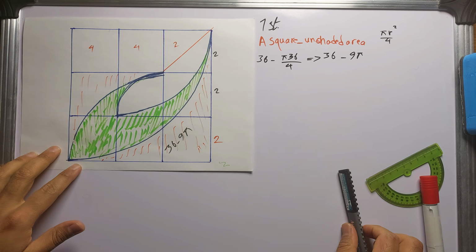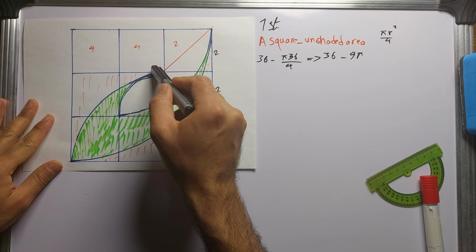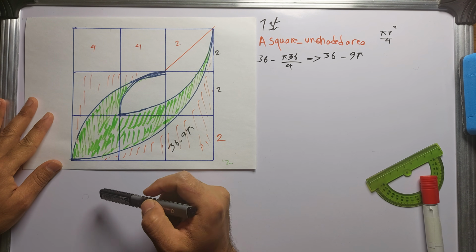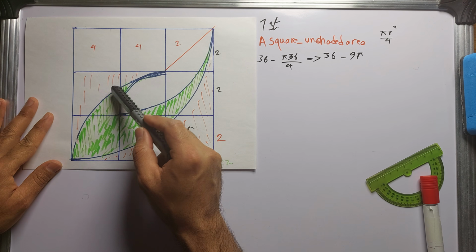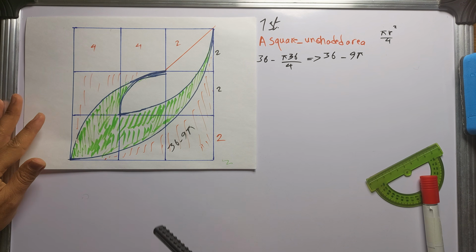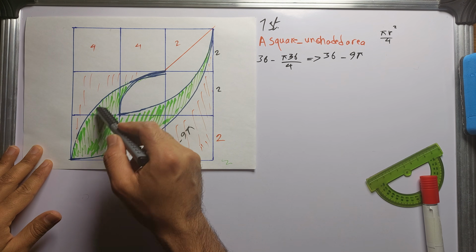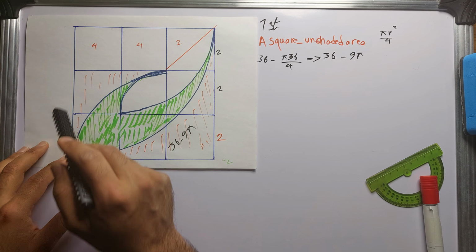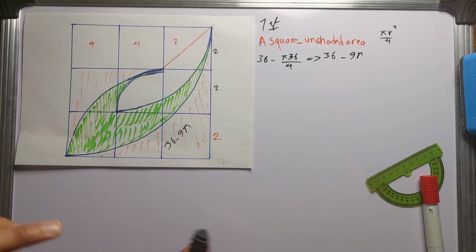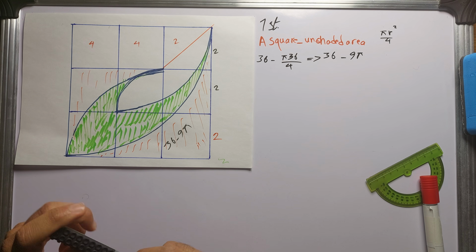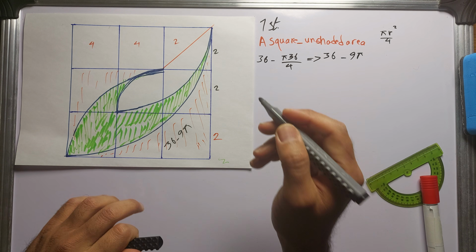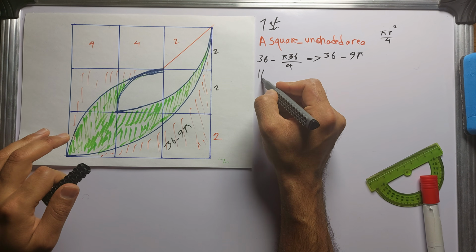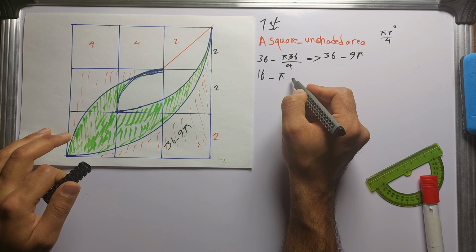This area equals the area of this square, which is a 4 by 4 square, minus the area of this quarter circle. If we subtract the area of the quarter circle from this biggest square, what we have left is the area colored red here. So let me write it down again. The area of the square, 4 times 4, is 16, minus pi r squared over 4.